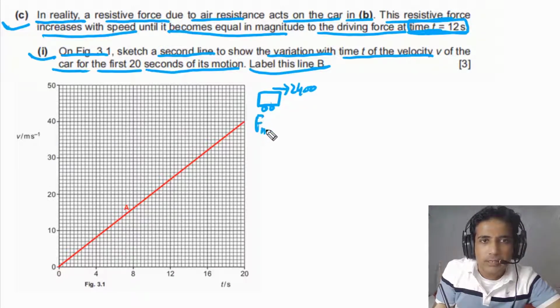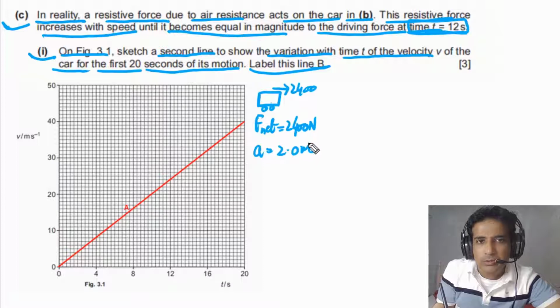So in this case, at time t equal to 0, F net is equal to 2400 newtons, and the acceleration we have calculated was 2.0 meters per second squared, happening at t equal to 0.